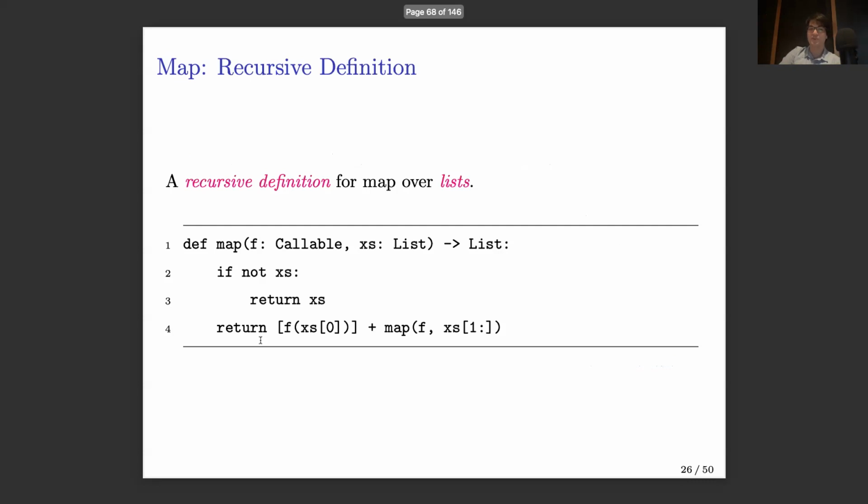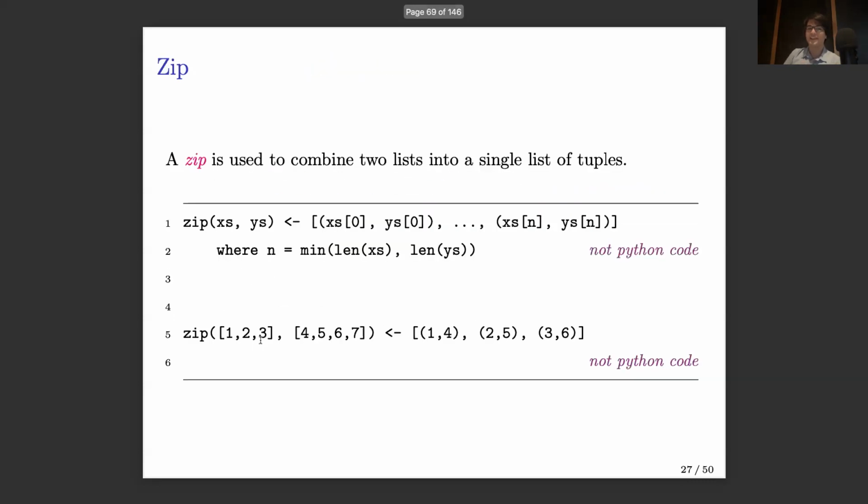Something like this, right? So, oops, wrong way. Zip of these two lists, 1, 2, 3, and 4, 5, 6, 7, is the list (1, 4), (2, 5), (3, 6). Notice that the zip truncated to the shorter list. And that's what it does in Python. So this is useful if you want to do something like have two lists and want to do their pairwise addition.